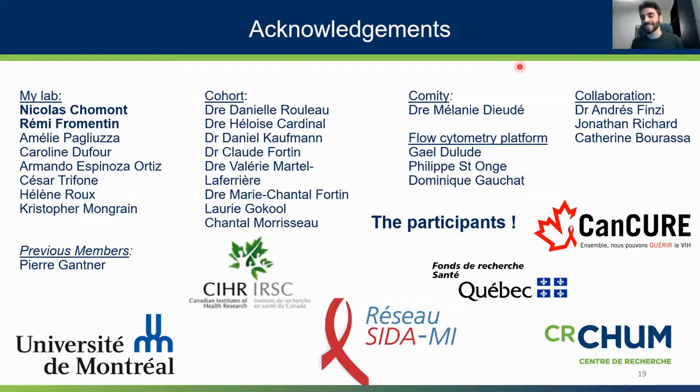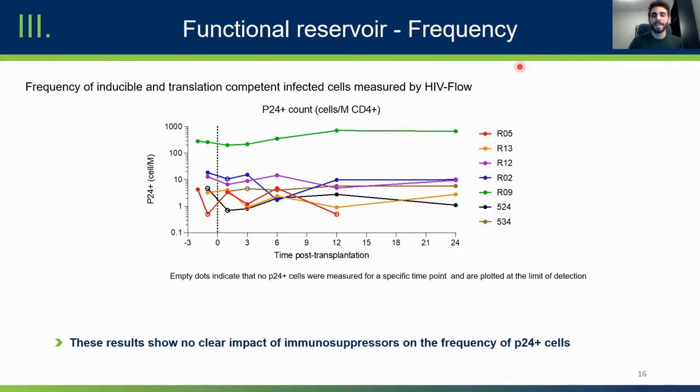Yeah, so actually I can maybe go back if you want. The green participant is sort of an outlier. Of course, if we had more cells, it would be more precise, but usually you'd expect the number of cells in the functional reservoir to be close to what we're seeing in most participants.